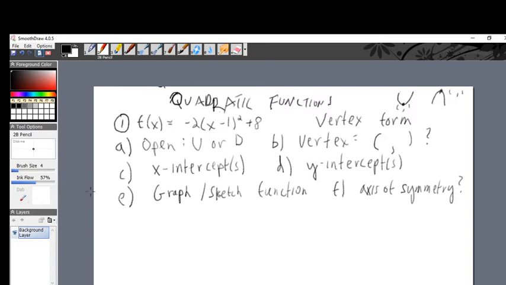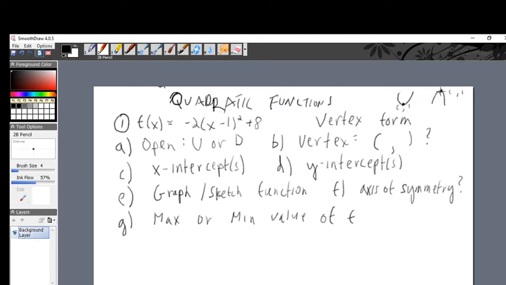Okay, there are two more questions. Here comes G. The maximum or minimum value of f. Our function happens to be f, not g or k. Now, if it opens upwards, it's going to have a minimum.